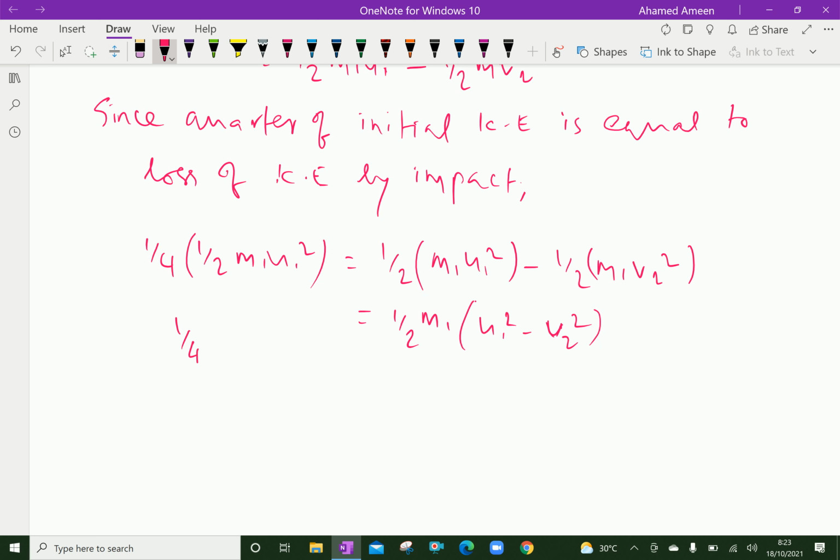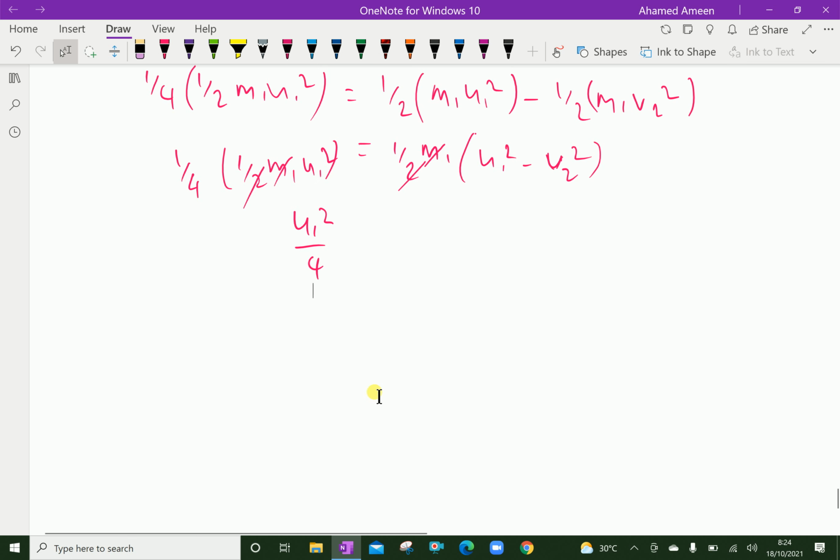Here quarter of half m1 u1 square, half cut, m1 cut. So we have the relation now: u1 squared by 4 equals u1 squared minus v2 square.